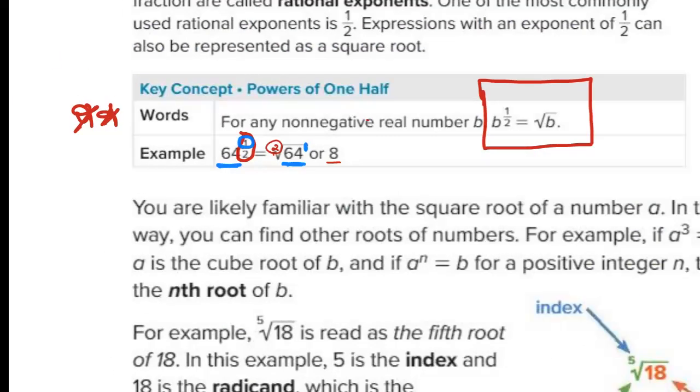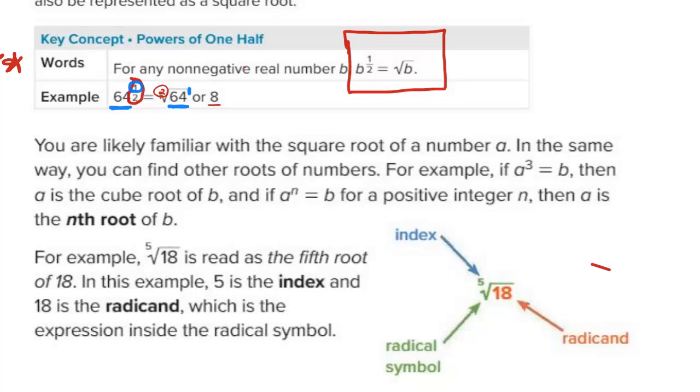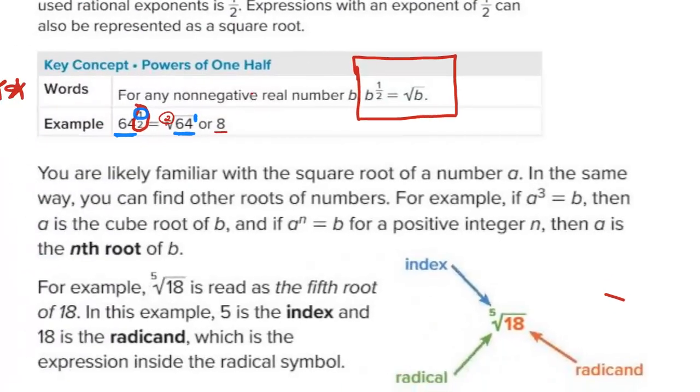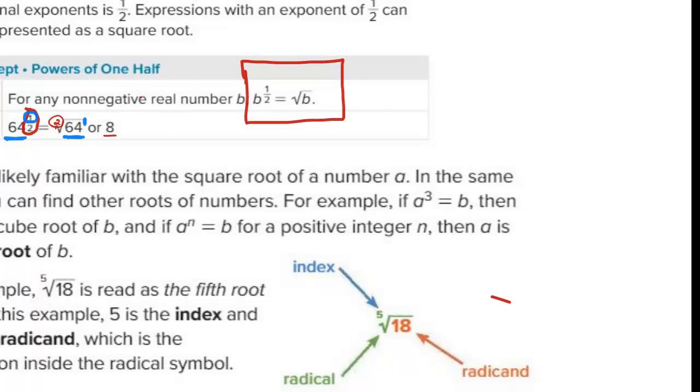Okay? So let's take a look at some other examples. If I said 25 to the 1/2 power, that means you are going to write it as a square root. The base 25 goes under the radical sign.